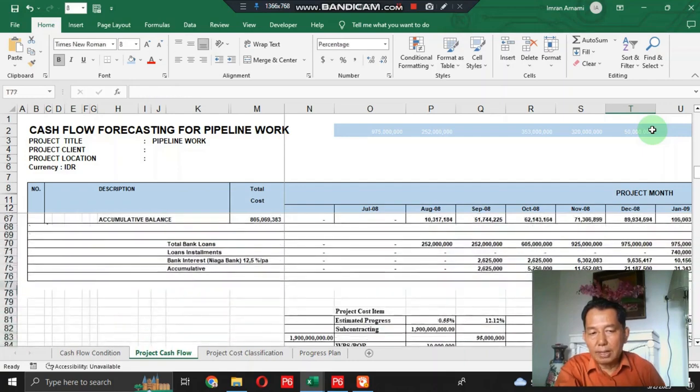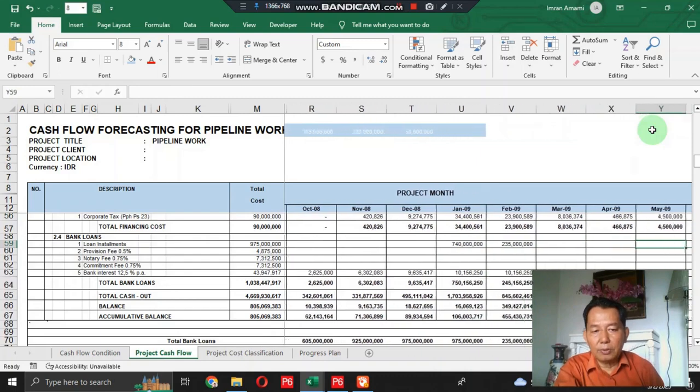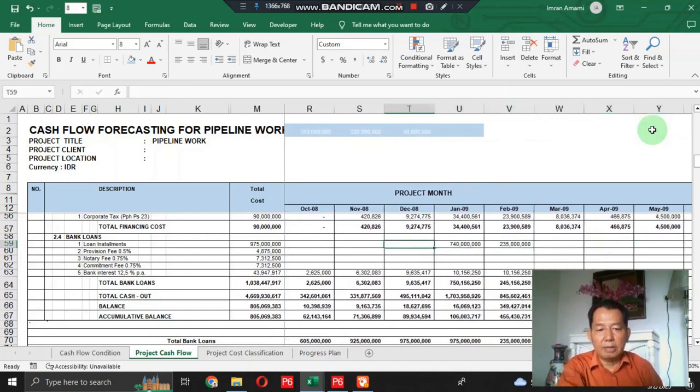You will check your operational costs and check the time to pay your loan installment. When you find a good balance in your operational cost, that is the time for you to pay your loan installment.